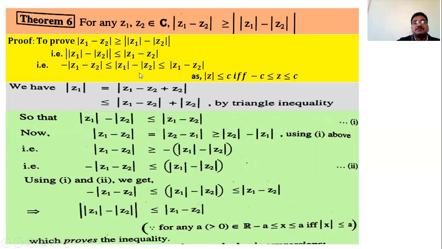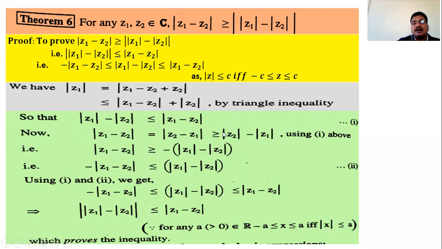Then we have to show the second part. So start with mod Z1 minus Z2. This is equal to mod Z2 minus Z1, because mod of Z and mod of minus Z are the same. So mod Z1 minus Z2 and mod Z2 minus Z1 are the same.